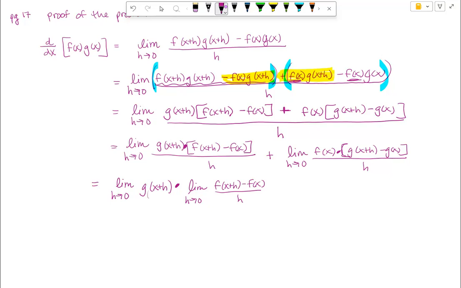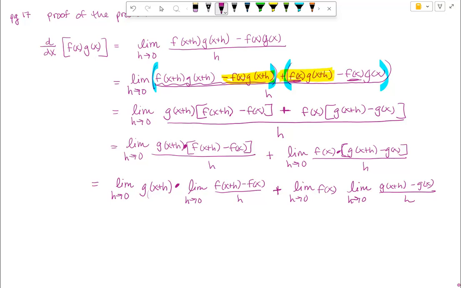Because remember, I don't need g of x over h over here if I'm multiplying. All right, so then we can add to that the limit as h approaches 0 of f of x, and we're going to multiply that with the limit as h approaches 0 of g of x plus h minus g of x, all of that over h. So we have 2 limits being multiplied and then all of that being added together.